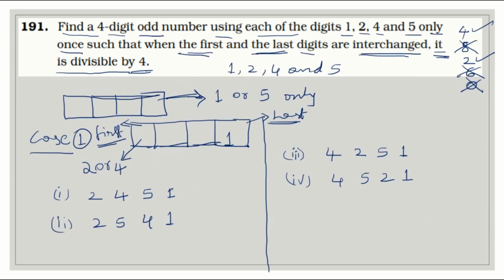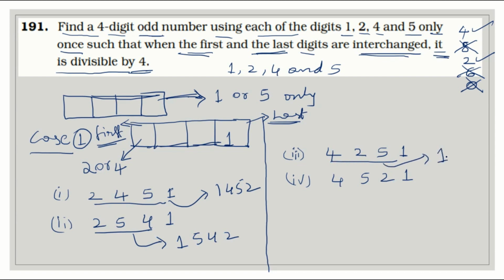Coming to case 1, after interchanging, this turns to be 1452. After interchanging, this number gives you 1542. Similarly, this after interchanging of digits gives 1254, and this number results as 1524.